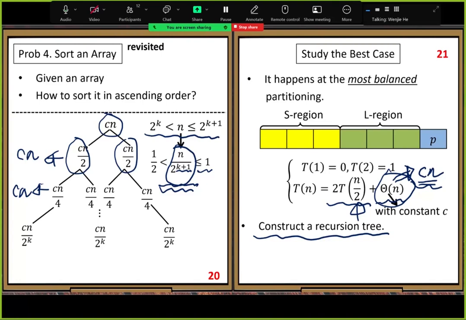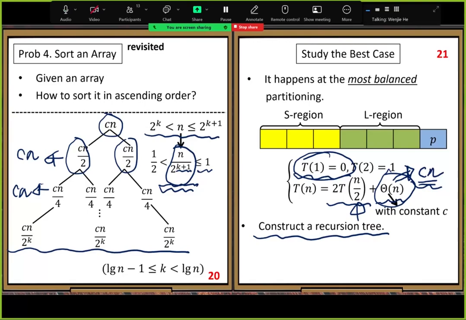At every level, if you accumulate the non-recursion cost for all the nodes in the same level, you get C times n. But how many levels? Approximately K, or K plus 1. But at the bottom level, the data size becomes 1, the number of comparisons is 0, right? So at the bottom level, you get a 0.